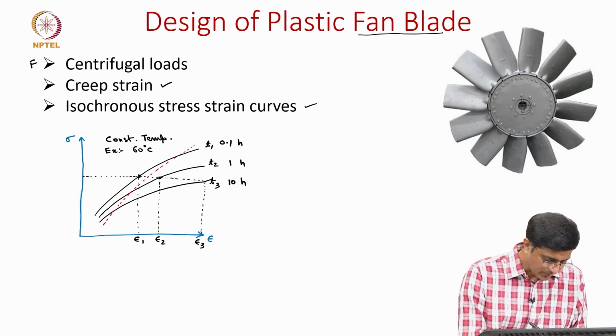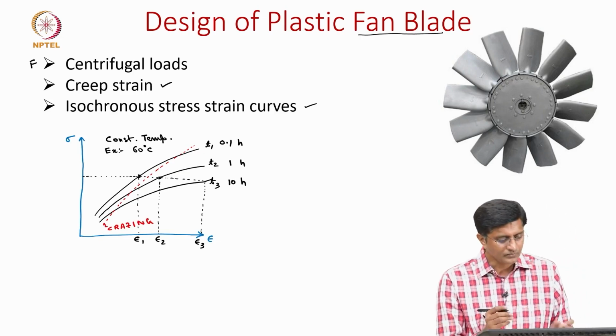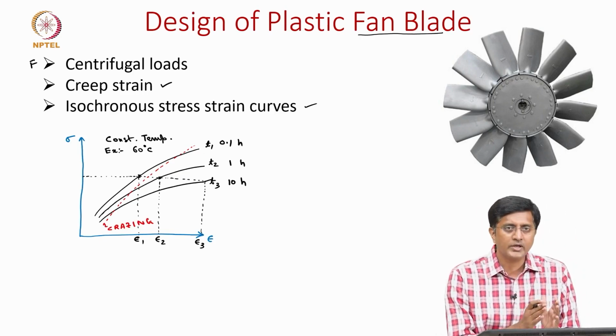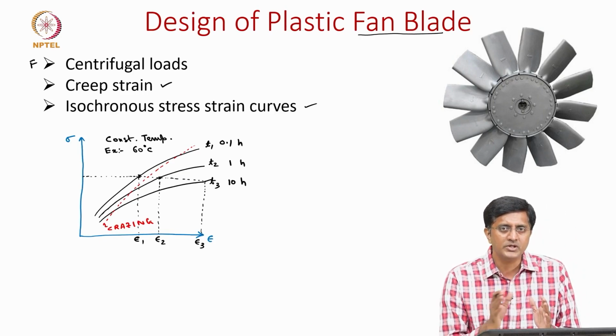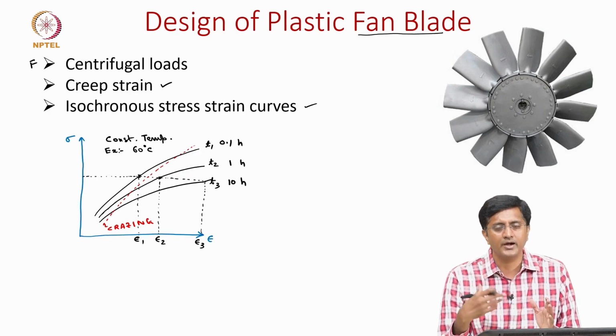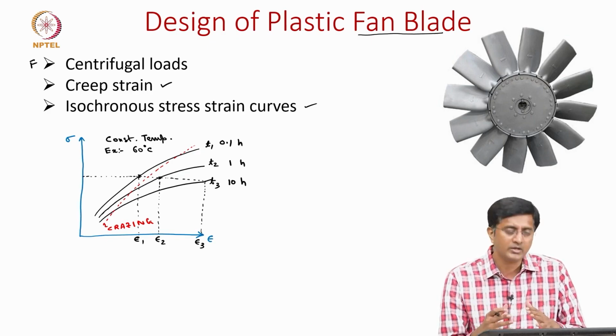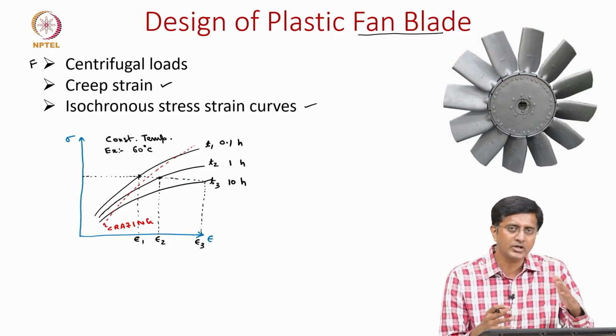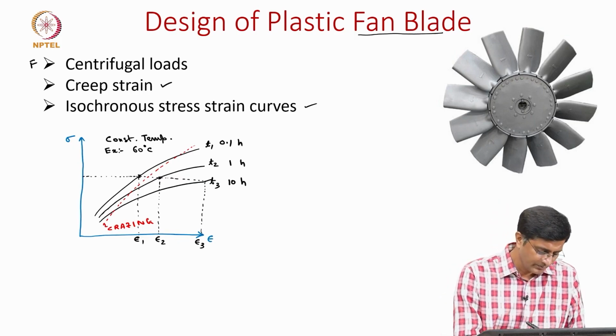So, essentially let me write it down. So, if we are looking at towards the right of the curve, which means crazing has initiated and failure has started, but it is safe to be on the left side of the curve.